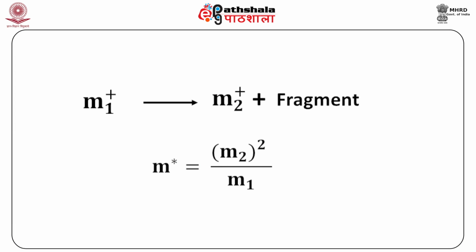So m* is equal to m2 squared divided by m1. Now here students, m* is the apparent mass of the metastable ion which is formed, m1 is the mass of the original ion, and m2 is the new mass of the fragment ion which is formed.